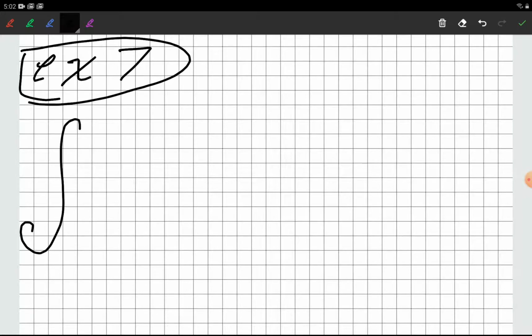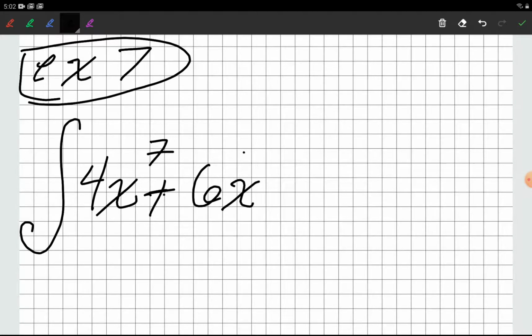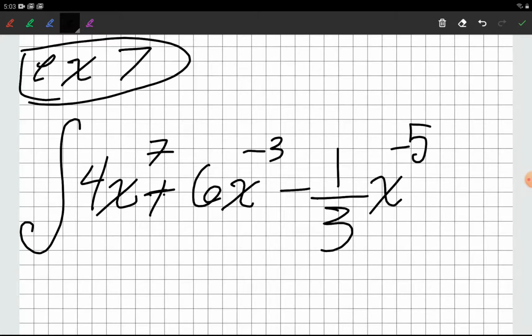Find the integral of 4x to the 7th plus 6x to the negative 3 minus 1 over 3 x to the negative 5 plus 2 dx. All right, it's combining everything we've just talked about.